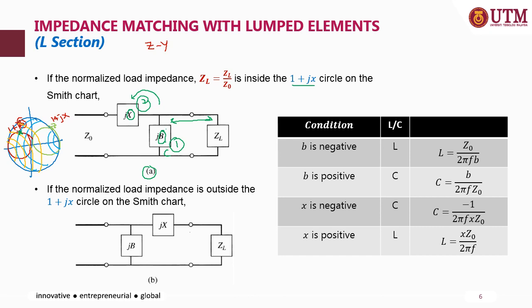If you get B negative, maybe somewhere down there, then the component at this point is the L, the inductance, and you can calculate the value of the inductor by using the equation.